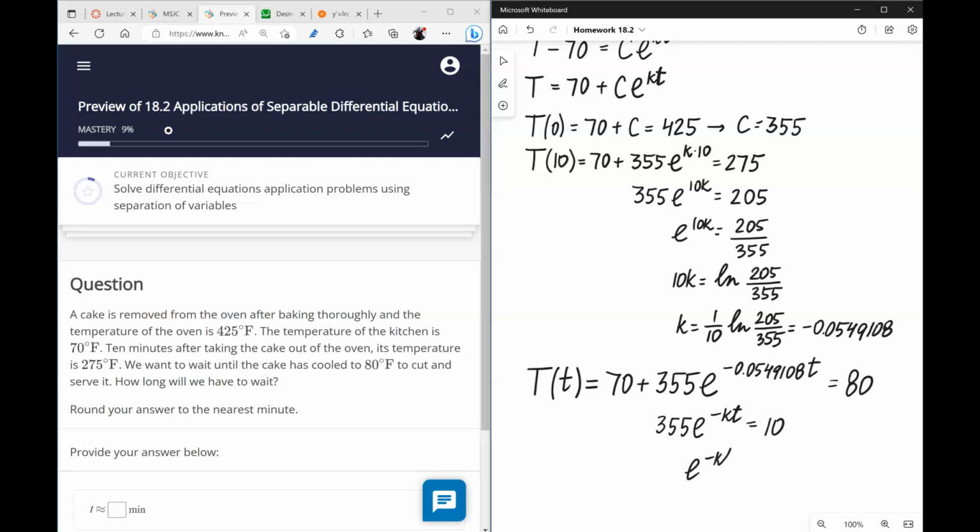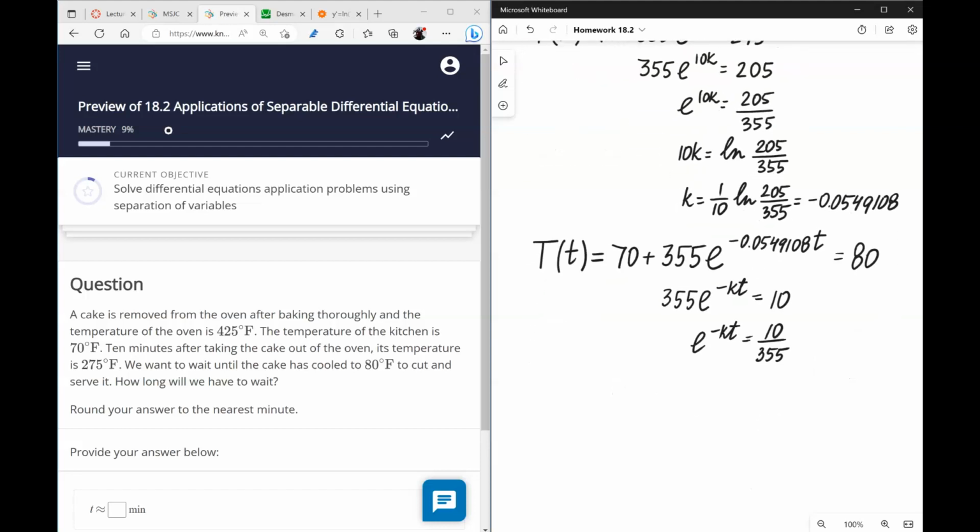E to the negative kt is equal to 10 over 355. So we have negative kt here. Actually, k is negative, right? So I don't need the negative here because negative is part of k. So kt is just ln of 10 over 355. So t will be 1 over k times ln 10 over 355.